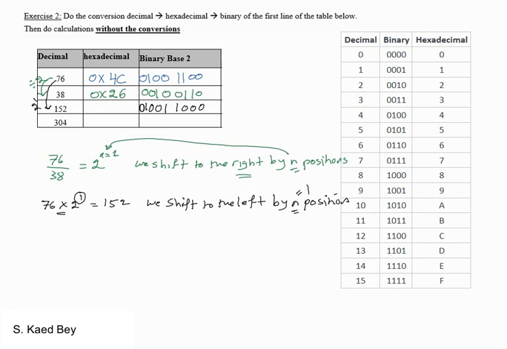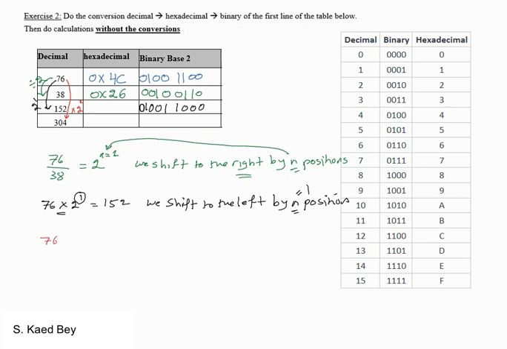Let's look at the last case where we have 304. 76 is multiplied by 4, which is 2 to the power 2. Because we are involved in multiplication, we have to shift to the left. Because the exponent of 2 is 2, we have to shift to the left by 2 positions.